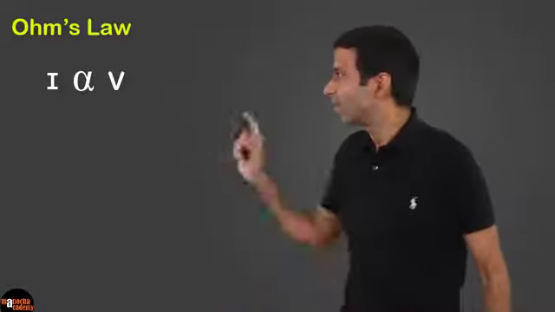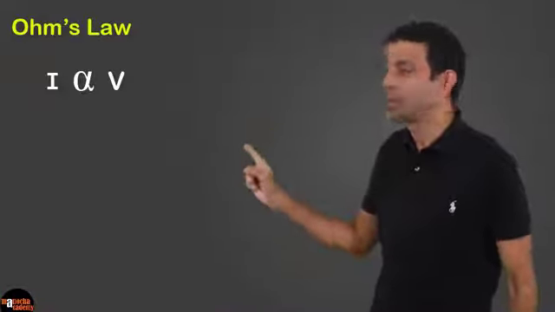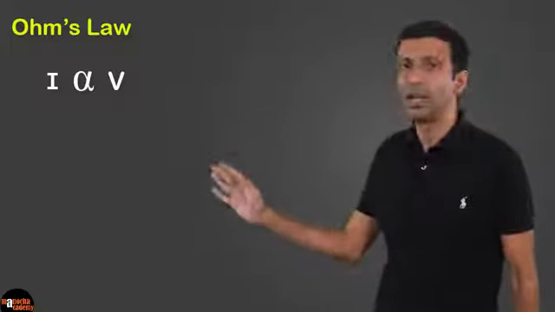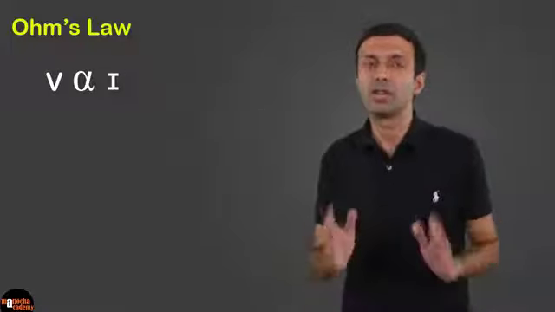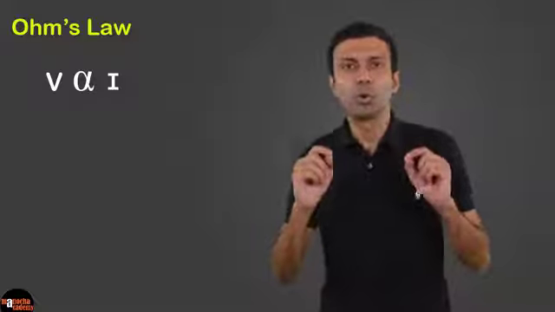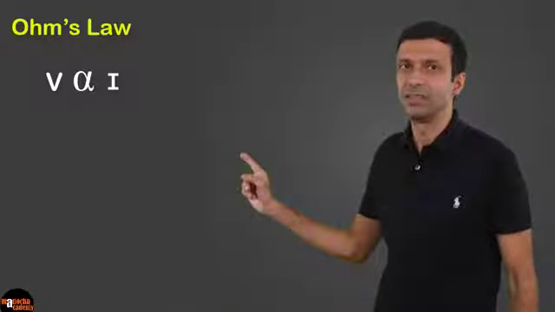Now coming back to our discussion, we had current is directly proportional to the potential difference. And on reversing the relation, we get potential difference is directly proportional to the current. Now we can change the proportional relation into an equation by adding a constant.